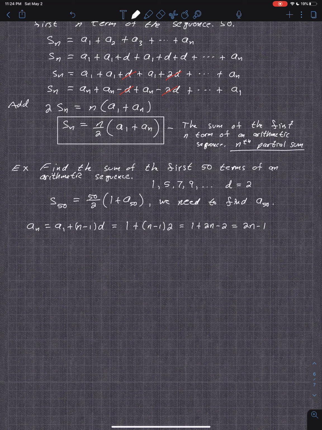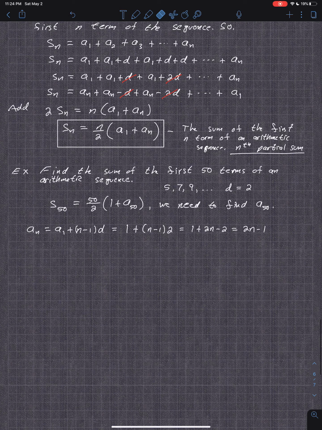Which should make sense, right? What type of numbers are those? Those are odds. I wrote it out wrong, I forgot the 3 there. So 1, 3, 5, 7. So those are the odds. So 2n minus 1 are the odd numbers. If n is 1, you get 1. If n is 2, you get 4 minus 1 is 3, etc.